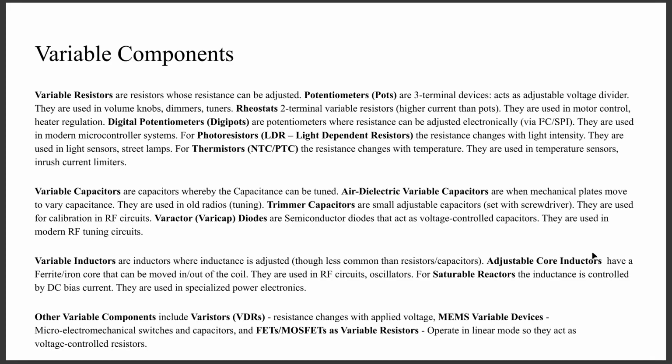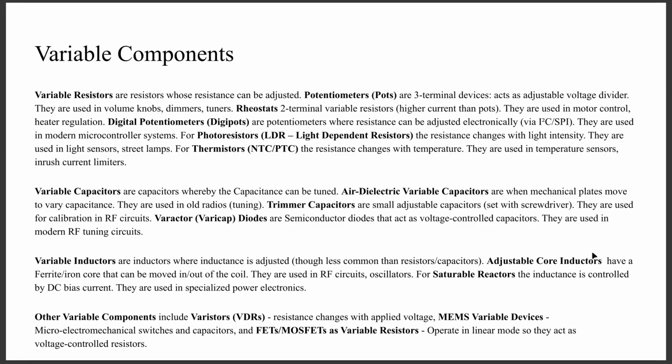Variable components. Variable resistors are resistors whose resistance can be adjusted. They include potentiometers, rheostats, digital potentiometers, photoresistors, and thermistors. Variable capacitors are capacitors whereby the capacitance can be tuned.